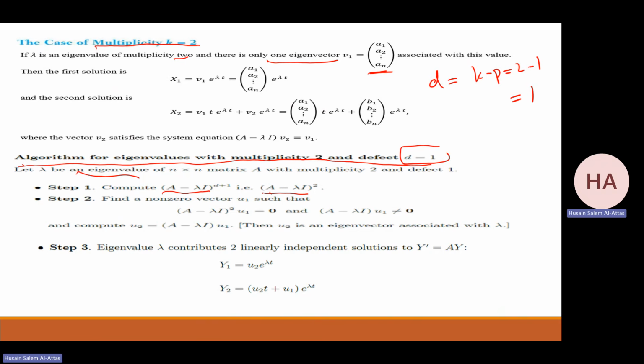Then find a non-zero vector, U1, such that A minus lambda I all squared times U1 equals 0, and A minus lambda I times U1 is not equal to 0. Then U1 multiplied by A minus lambda I gives U2. Then we have this form: my first solution, U2 e to the power lambda t. My second solution, (U2 t plus U1) e to the power lambda t.